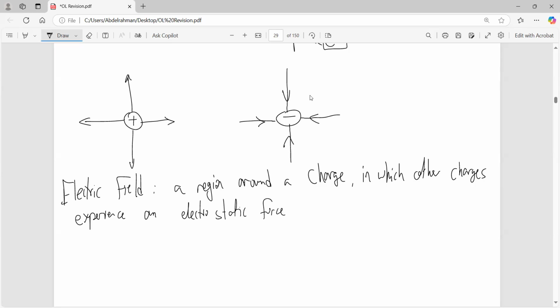So it's a region around whatever charge, a positive charge or a negative charge.